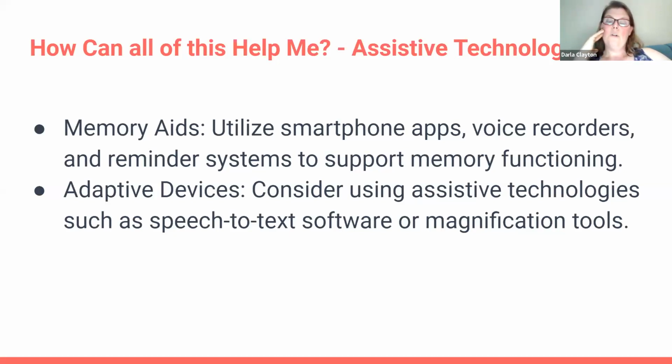You can use voice recorders so you can listen to things again, similar to what I was saying earlier, just writing things down. A reminder system, a lot of our phones have those, and a lot of us have smart devices in our home, like Alexas or Google Homes. Those will allow you to put a reminder into them that happens regularly or once, for those one-off things that you want to remember.